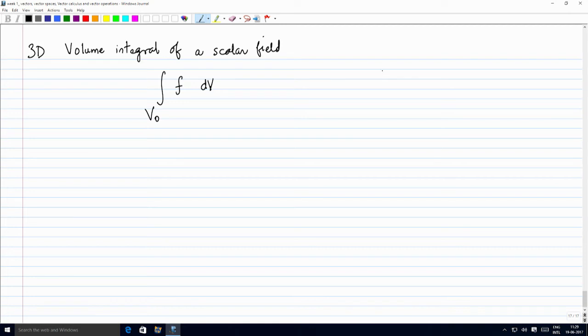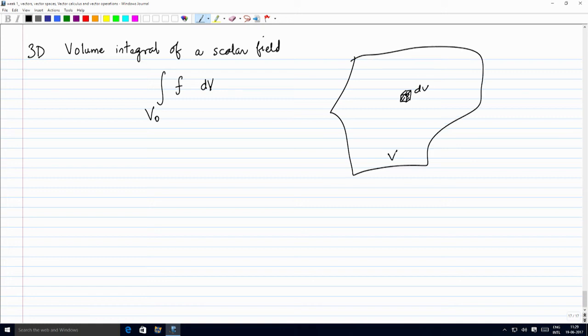You have some infinitesimal volume element dV, and you want to integrate over some 3 dimensional volume V. You want to integrate the function over this region.